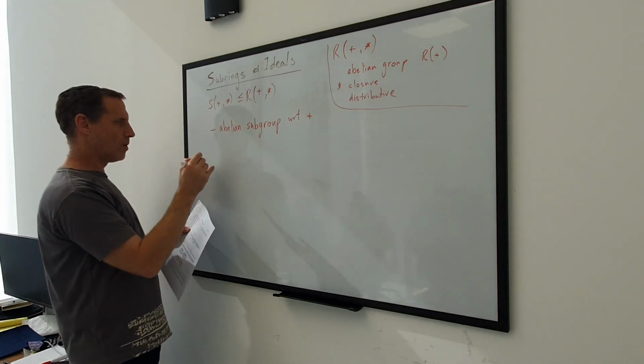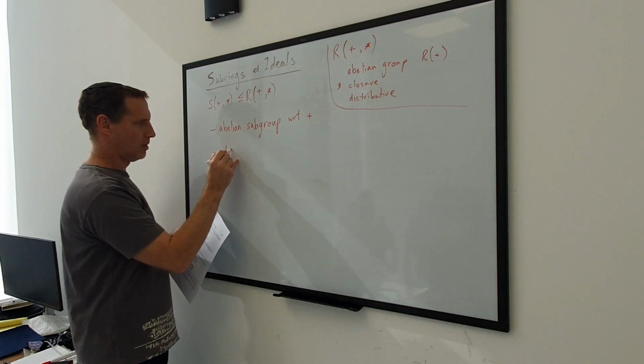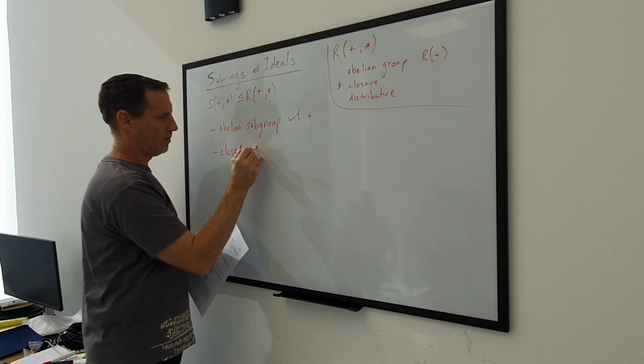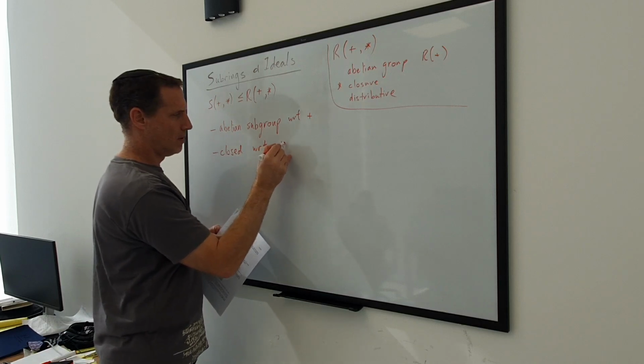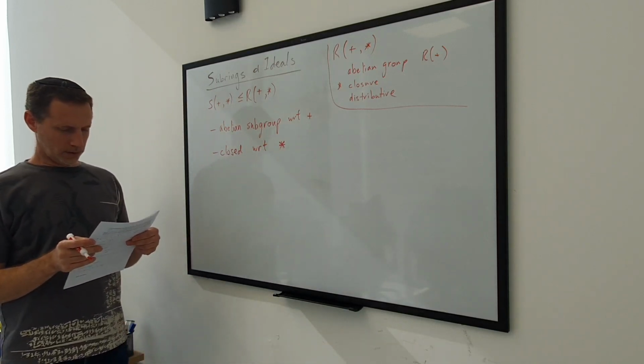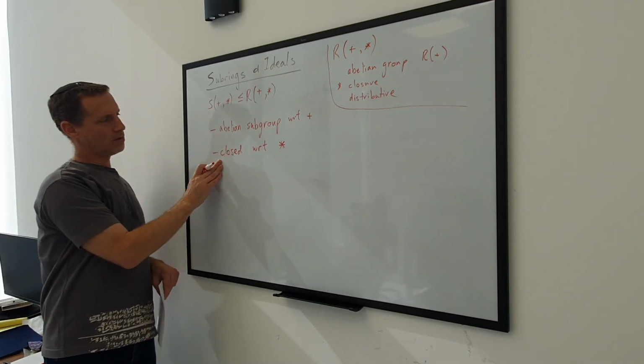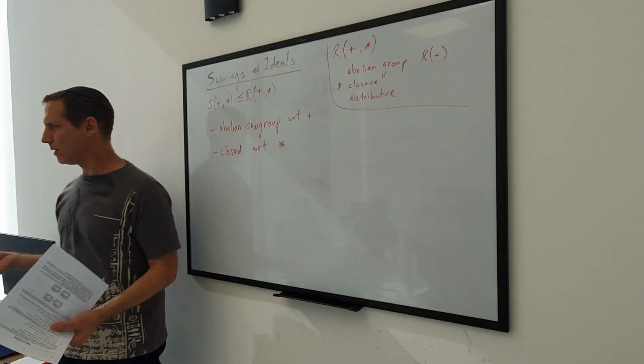We'll make it more complicated later, but it actually just needs to be closed with regards to multiplication. So to be a subring, you actually don't need much.